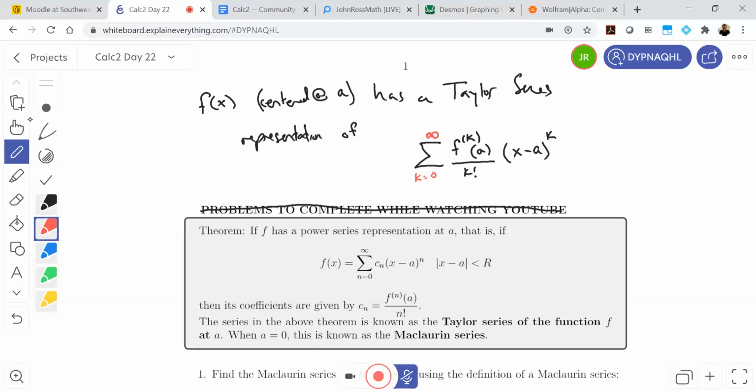This means that we can think about both function approximation, the way that we did for Taylor polynomials, and radii of convergence, like we did for power series.